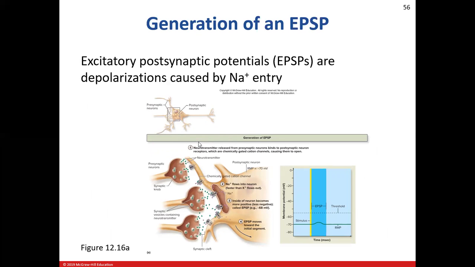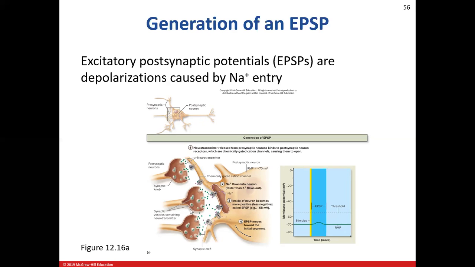So if we look at the generation of an EPSP, EPSPs are depolarizations. Because the cells are becoming more positive, these are caused by an influx of sodium. So sodium is basically flooding into the particular cell. And so you can see here the generation of an EPSP.